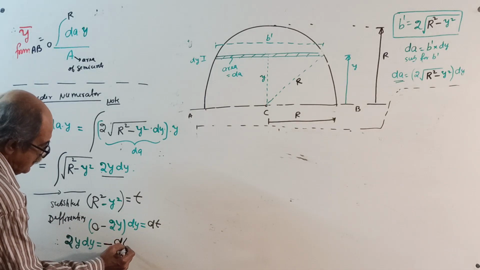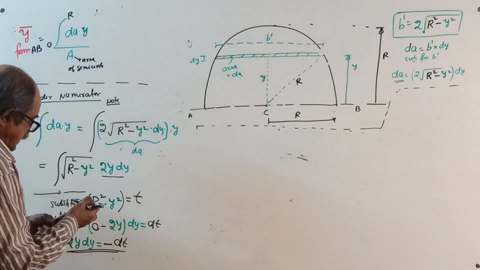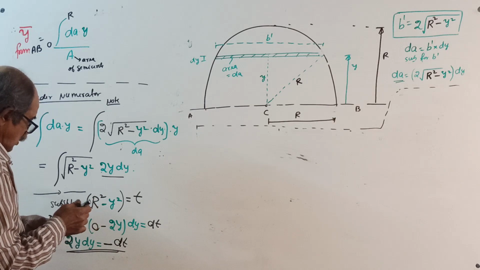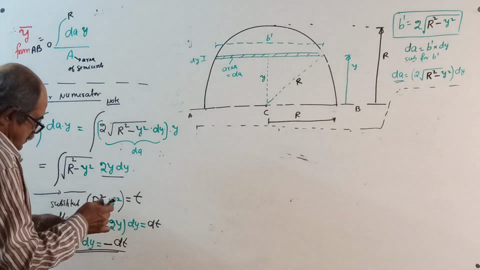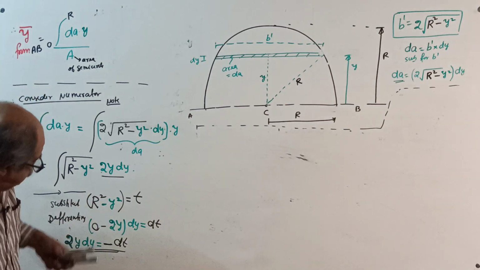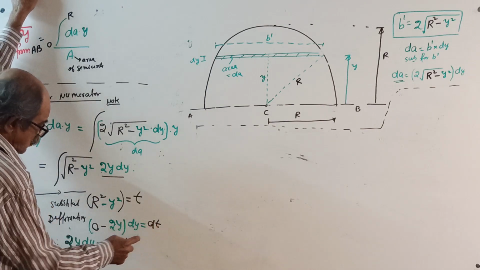Very important. The minus is very important. Therefore 2y dy equals minus dt. Don't forget that minus sign. Minus 2y dy is dt, so 2y dy equals minus dt.